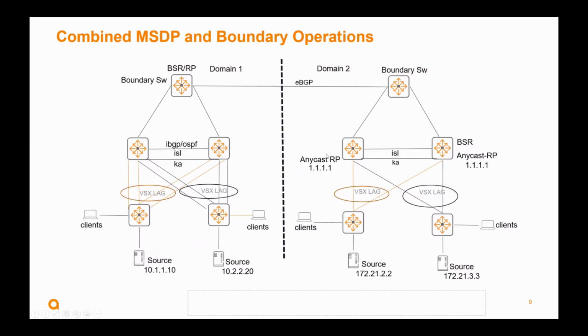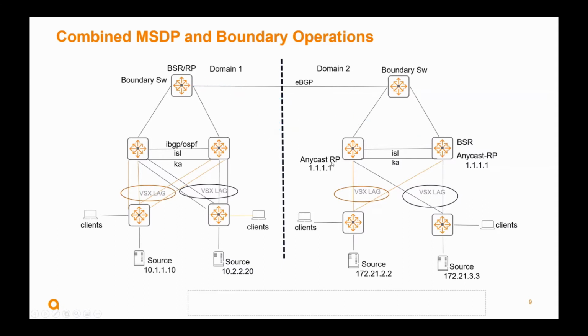Here, I have Anycast rendezvous points in domain 2, so I'm going to enable an MSDP mesh, so they know about each other, which provides load sharing and redundancy of the rendezvous point. And then we're running MSDP between the domains.